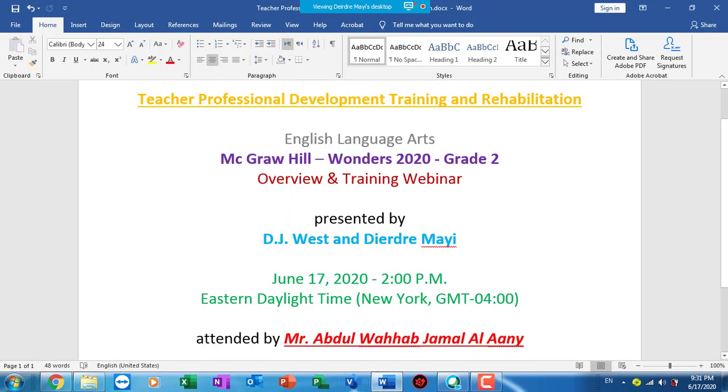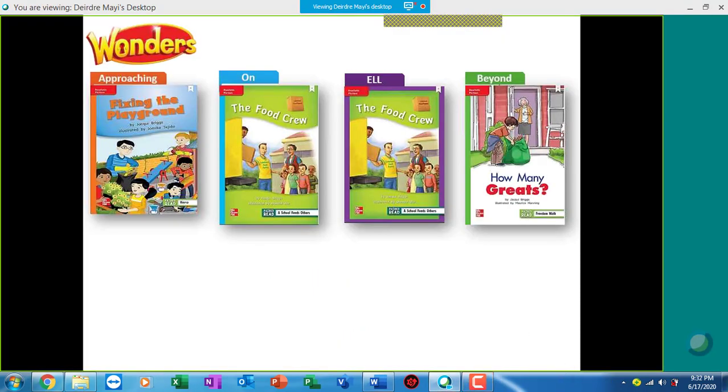Okay, now remember, whole group informs small group. Those checks for success will send you to these particular pages. Well, what about the leveled readers? Tell me about those. So there will be weeks where you have fiction leveled readers. There will be weeks where you have nonfiction leveled readers. Now let me be clear. You are seeing fictional leveled readers on the screen.